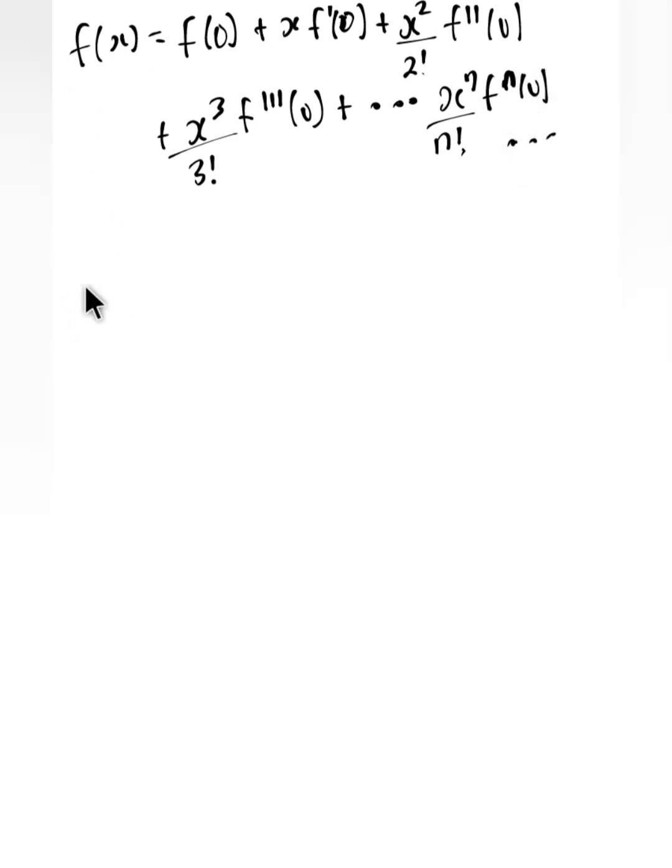So f of x, according to the question, is cos x, and it's equal to f of 0.